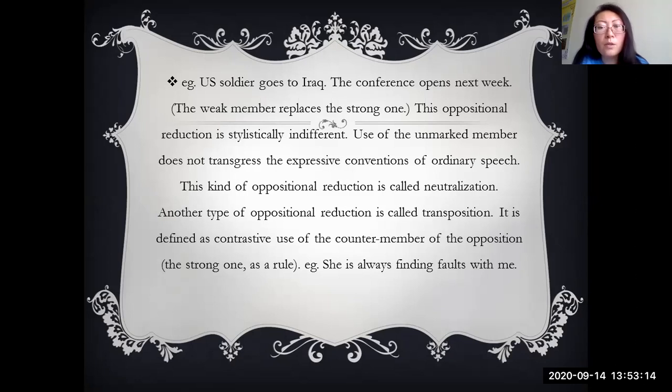This kind of oppositional reduction is called neutralization. The other type of oppositional reduction is called transposition. It's defined as contrastive use of the counter member of the opposition, the strong one as a rule. Example: she is always finding faults with me.